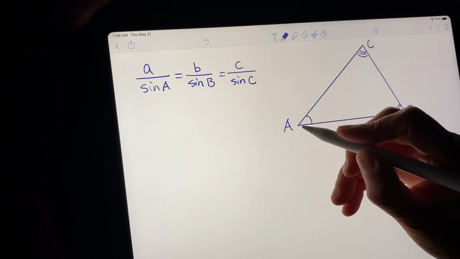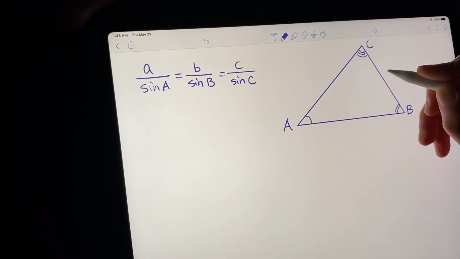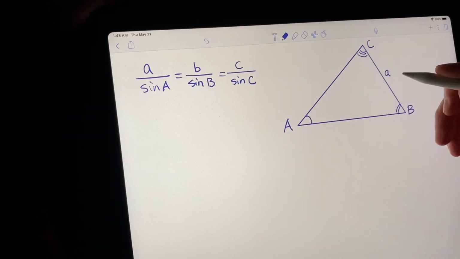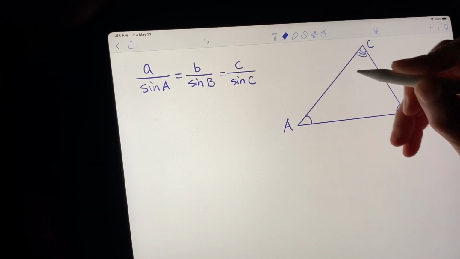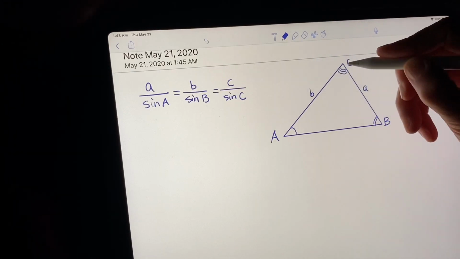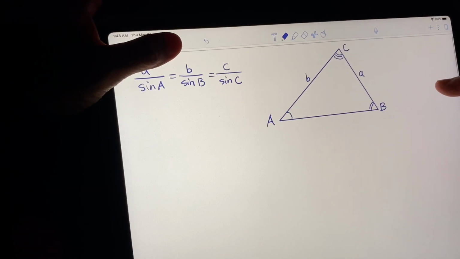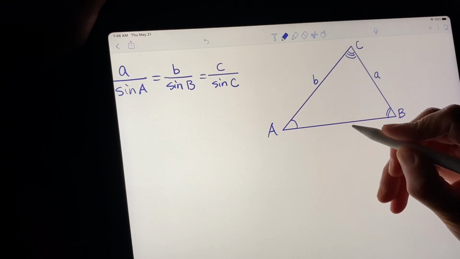So here we have angle A opposite side a, angle B opposite side b, angle C opposite side c.